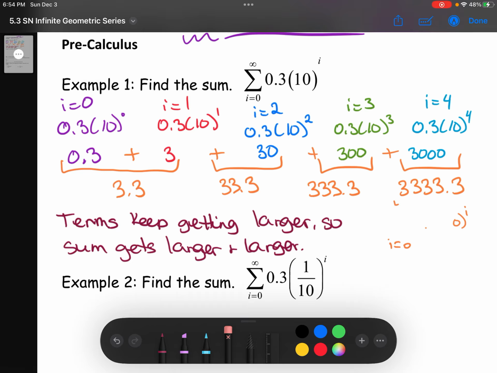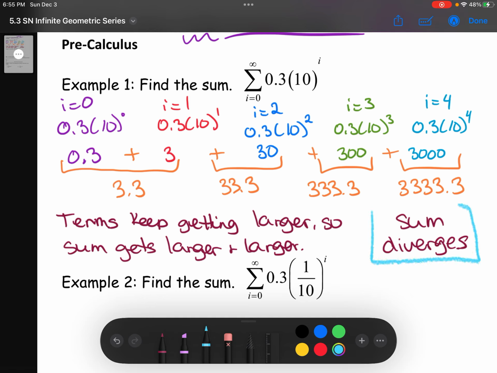This is what we call when the sum diverges. We talked about that word last time. What that means is that as we keep going through each individual term, the sum gets further and further apart. So there is really no true sum to this series.